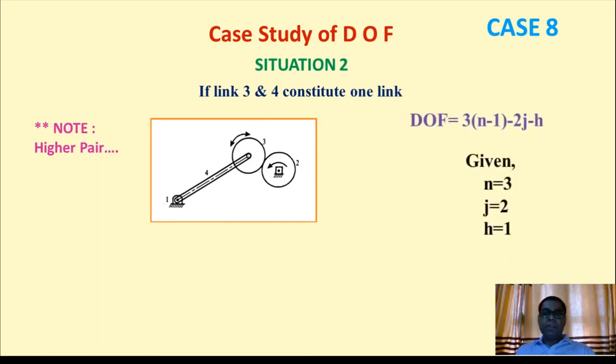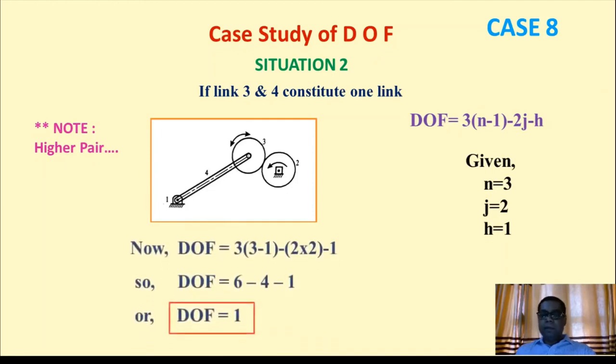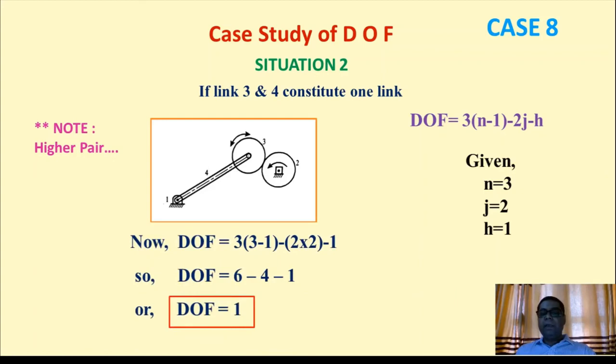And in this situation we are getting number of links equal to 3, whereas lower pair equal to 2, or equivalent lower pair equal to 2 and higher pair equal to 1. So by solving we will get degree of freedom equal to 1 in this particular situation. Have you understood this? Otherwise you just roll back and go through this video once again.